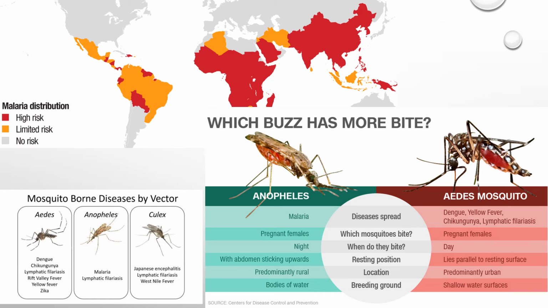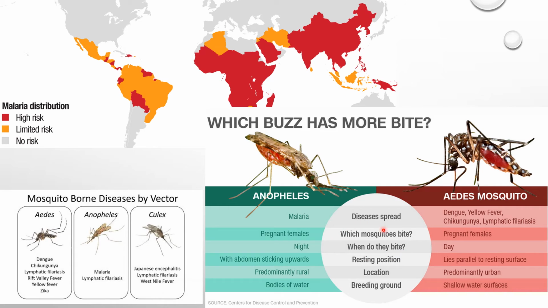And then I thought it would just be fun for you to look at the different diseases carried by mosquitoes. So if you look at the chart over on the right, I showed you a picture of two different mosquitoes. One is the type of mosquito that carries malaria, and the one on the right is the one that carries what you're probably most familiar with, which is dengue or yellow fever. The interesting thing about these charts is that these mosquitoes have different types of niches.